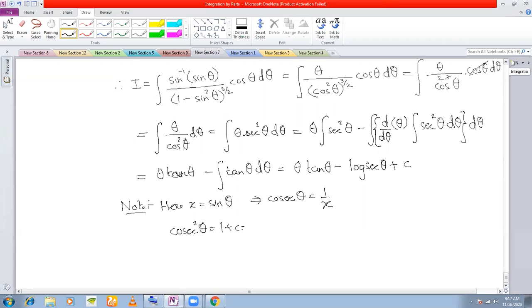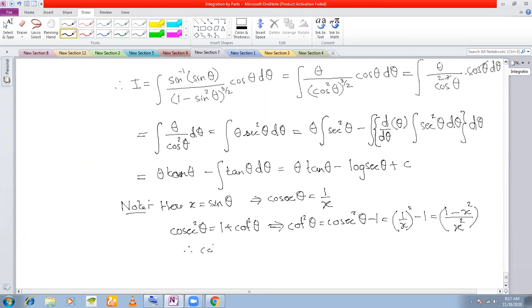So you can get cot from here, then you can find tan. That means cot square theta will be cosec square minus 1, which is 1 by x whole square minus 1. That means 1 minus x square by x square.